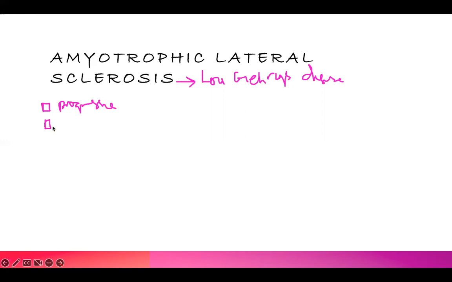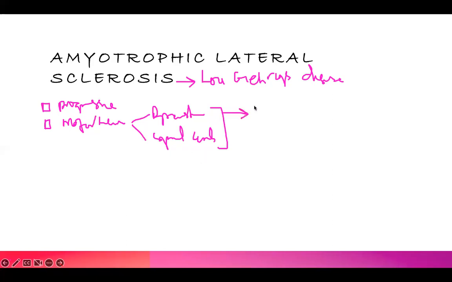Motor neurons are affected. Where specifically are these motor neurons affected? In the brainstem and the spinal cord. So you can guess, if the motor neurons in the brainstem and the spinal cord are affected, what kind of symptoms will they have?